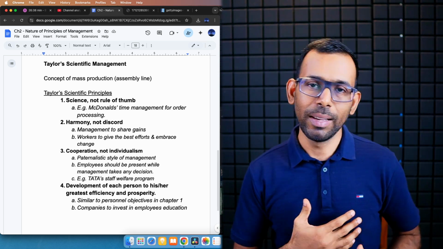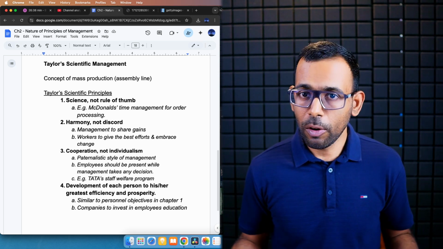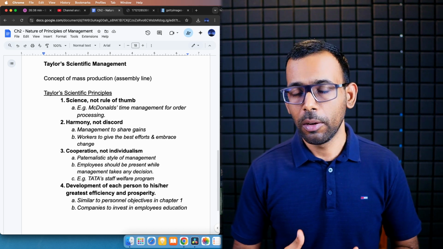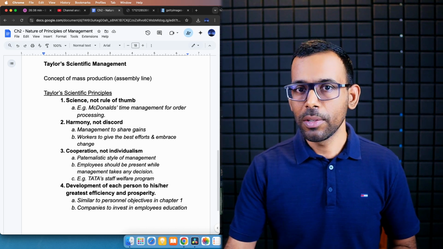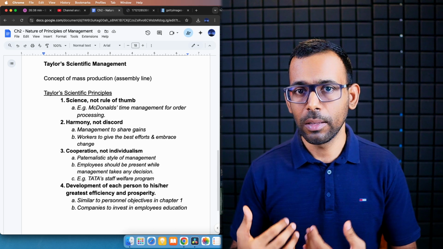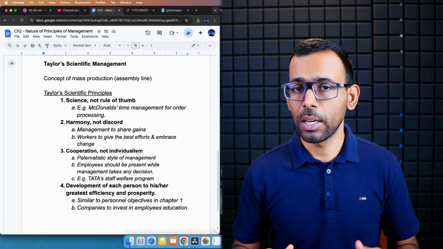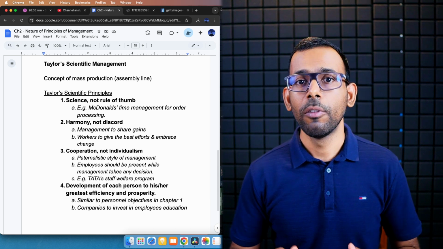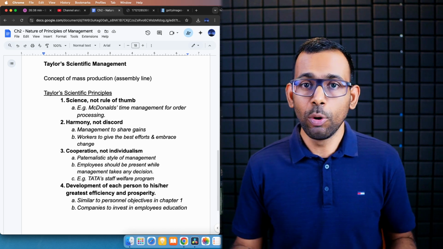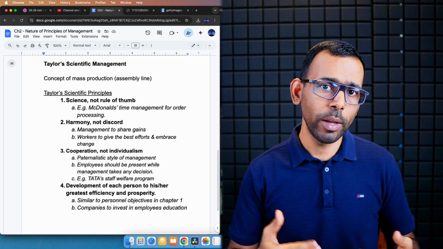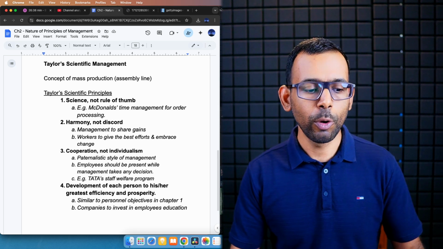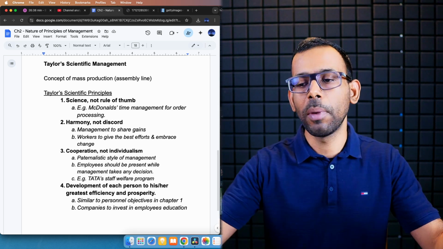For example, let's say I am a carpenter and I do not follow any scientific principles in my production. You want a chair and you come and place an order for a chair. I ask for the requirements and dimensions, and then you ask me when the chair will be ready. I do not have any scientific idea on how I am going to make this chair, so I will say, just come back after 3 days.